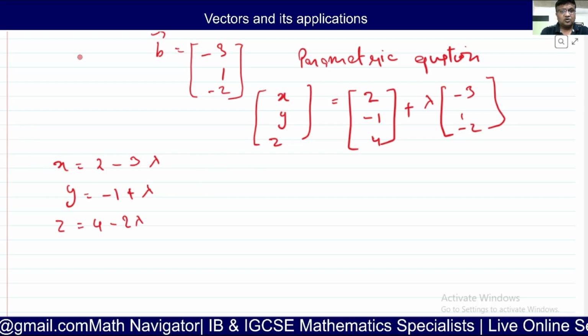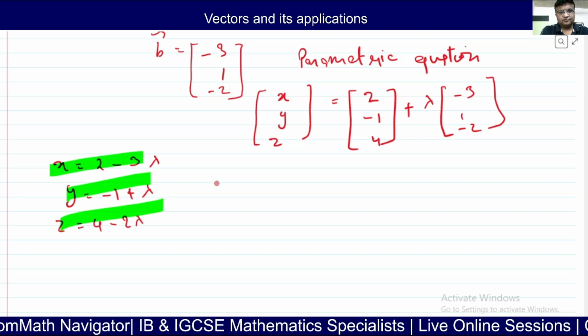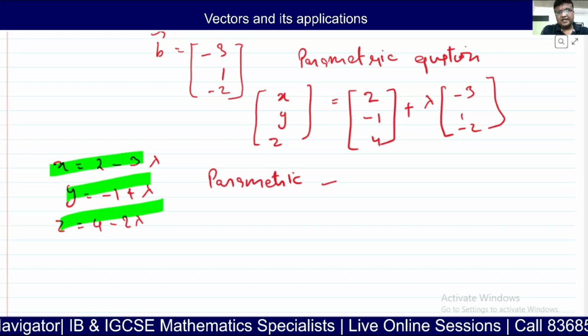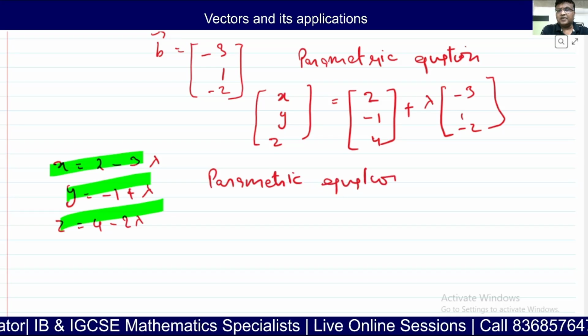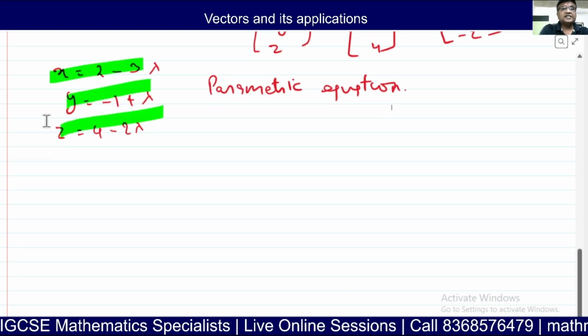This is called the parametric equation. So how will I make the Cartesian equation?